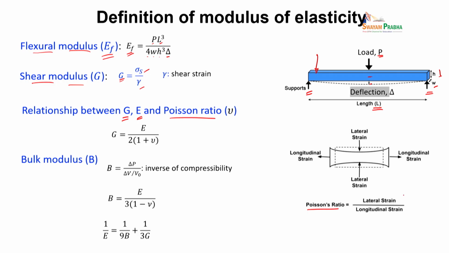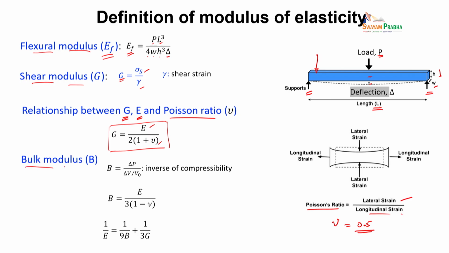So, you define Poisson ratio as the lateral strain divided by the longitudinal strain, and a theoretical limit is usually about 0.5 or it can be less than this. So, this Poisson ratio nu, the shear modulus, and the elastic modulus or Young modulus are related by this particular relation. So, if you know two of them, you can find the other one.